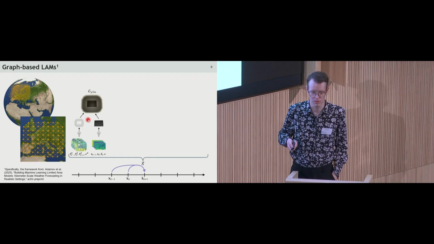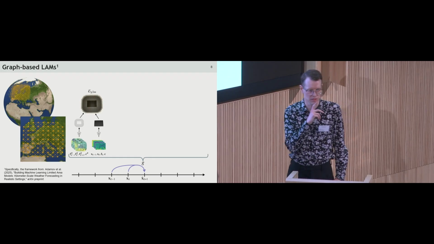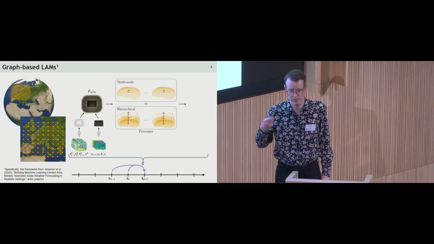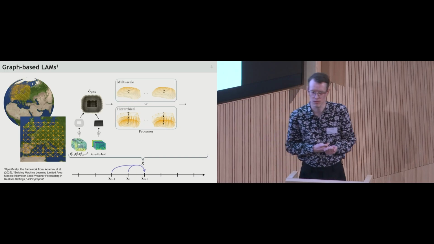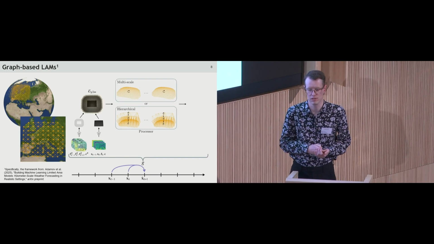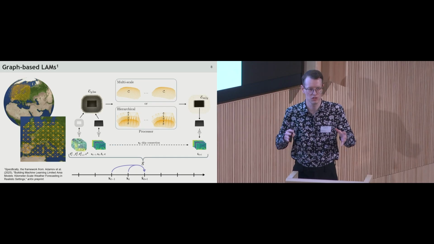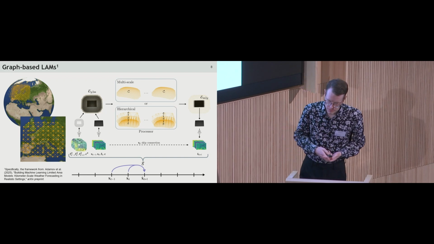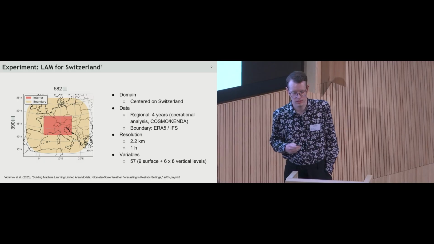And we encode all of this up to a representation within the mesh nodes of this graph using graph neural network layers here. And then we have some processor part of the model, and there's different ways to design this that I won't go into. But this is really also just a stack of graph neural network layers, and then finally decode back down to make the prediction within this region that we are interested in. So that's a deterministic kind of limited area model.